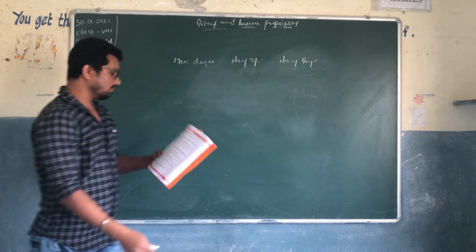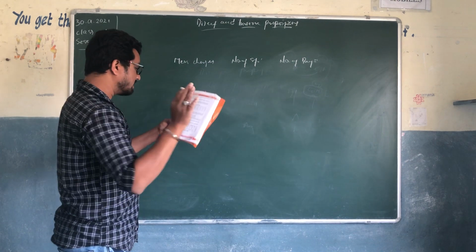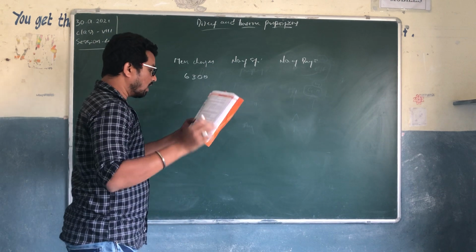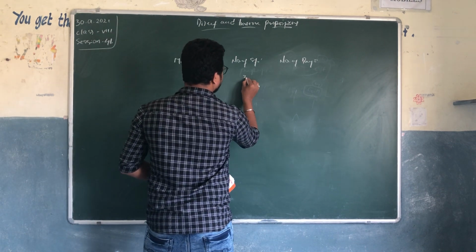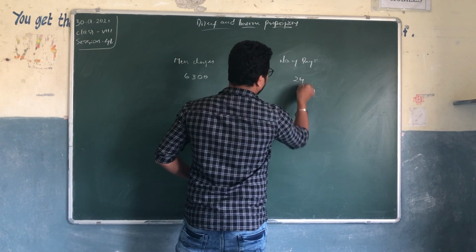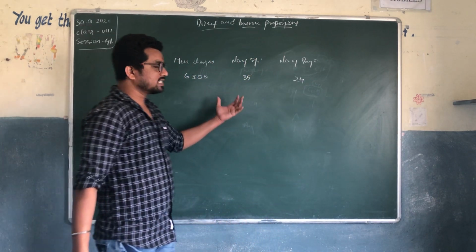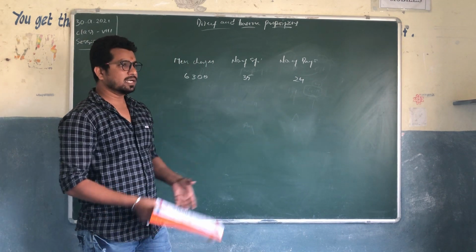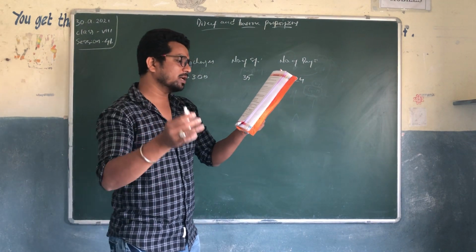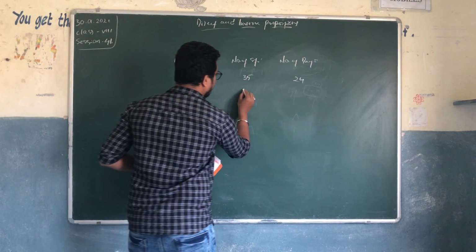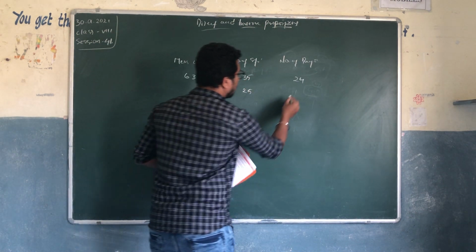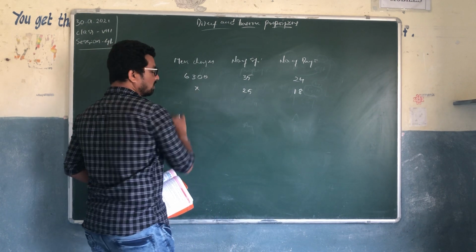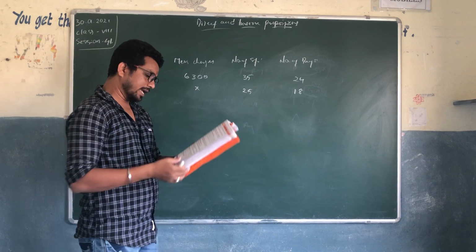Mess charges for 35 students for 24 days is 6,300. Now it asks, how much will be the mess charges for 25 students and for 18 days? We don't know, so we'll assume it as x.